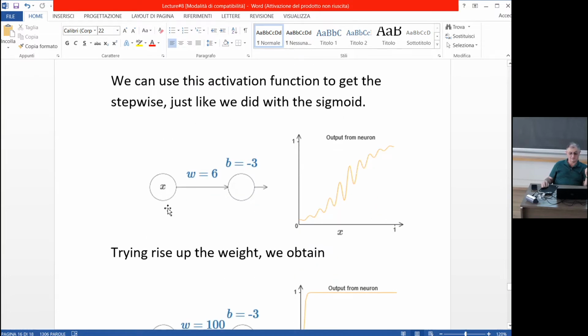For example, having our activation function with values from 0 to 1, you see, again we have some function which begins at 0 and reaches 1 at x equal to 1.